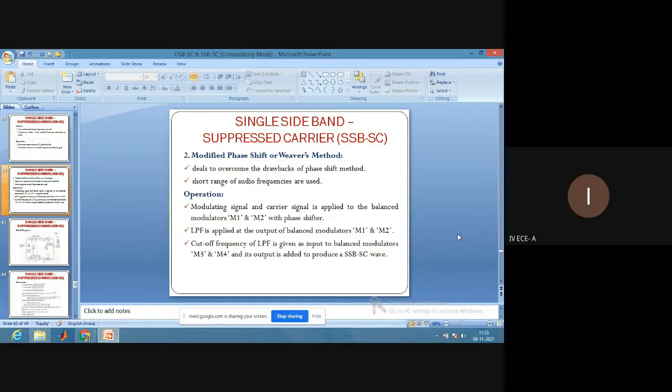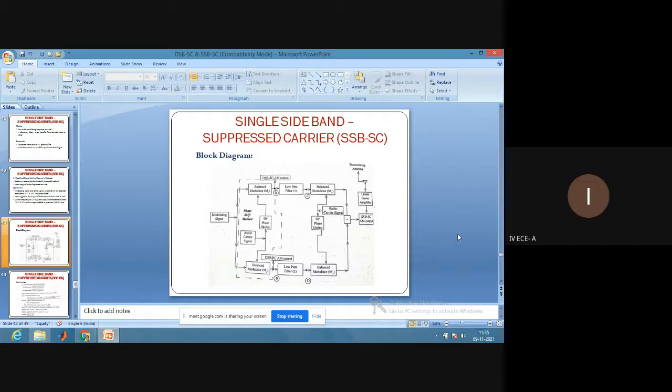Here the low pass filter is applied at the output of the balanced modulators M1 and M2. The low pass filter outputs are given as input to balanced modulators M3 and M4, and their outputs are added to produce the single sideband suppressed carrier signal. This is the block diagram of this modulator.